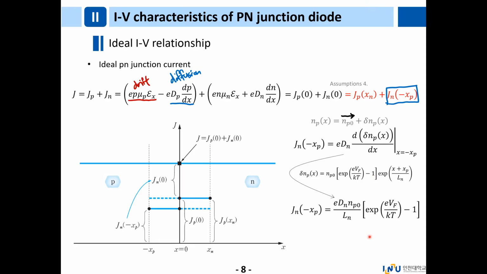And similarly, the whole current density in the n-type region is obtained as follows. At this time, it can be seen that both current densities have the same direction, the plus x direction, as the current due to the forward bias.